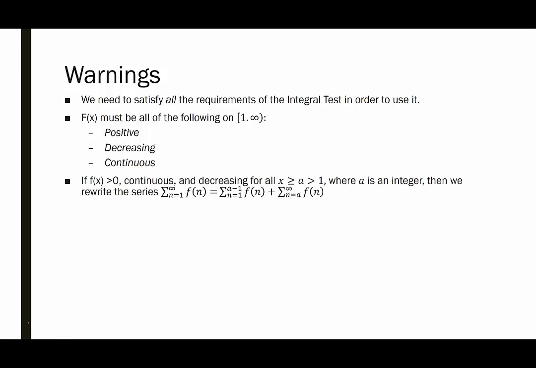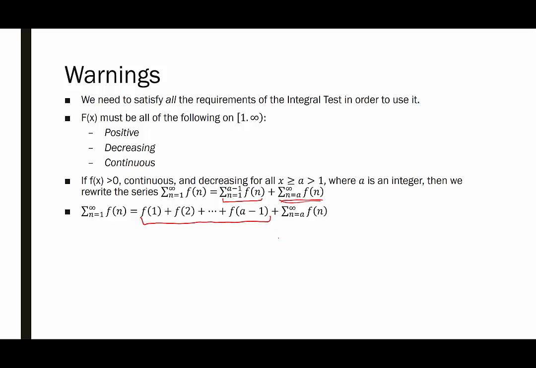If the function is positive, continuous, and decreasing for all x greater than or equal to another number a, as in my example in the previous slide where we were bigger than or equal to 3, then I can play the following game. Rewrite the series instead as the sum of these prior terms and then the part where the integral test will apply. Just list out that finite number of terms before.